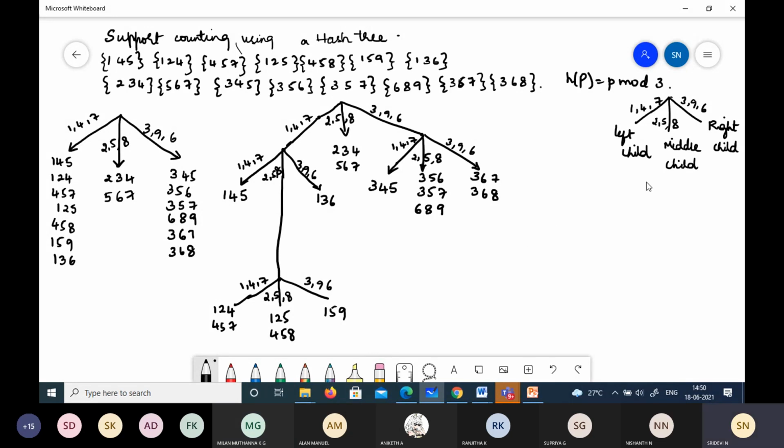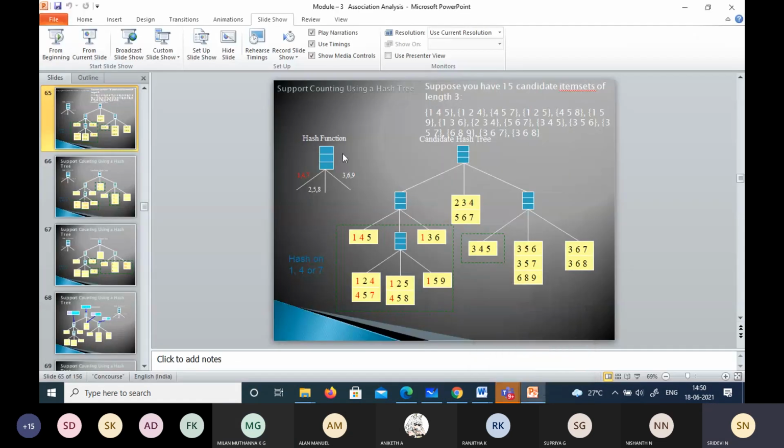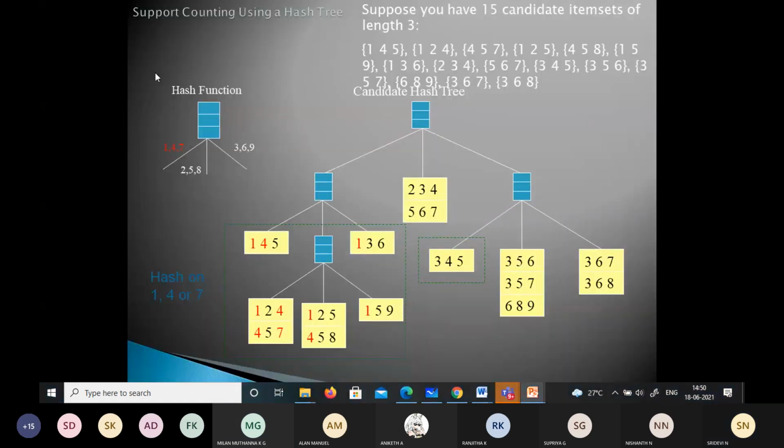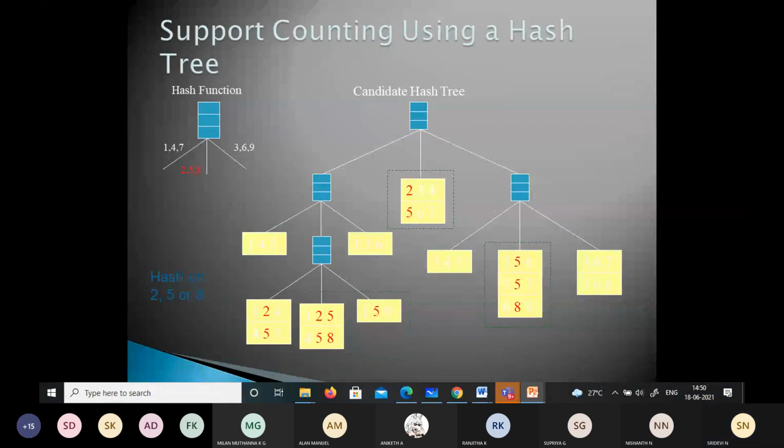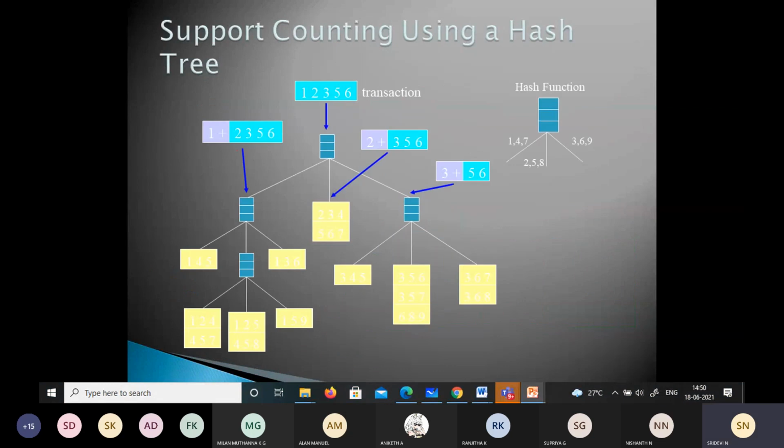Yeah. So that's what is shown here. So how it splits for these transactions. This is how.